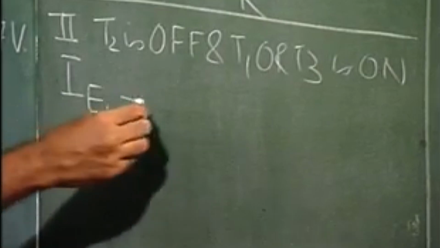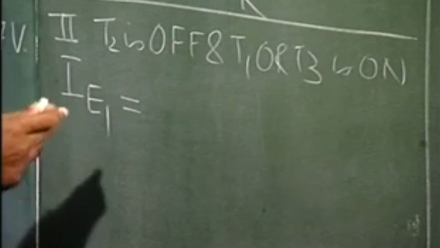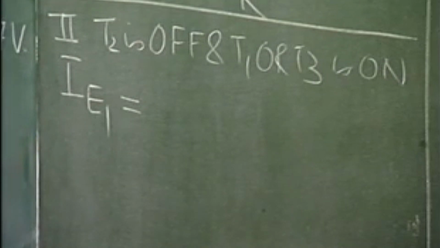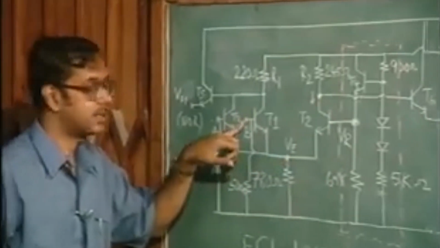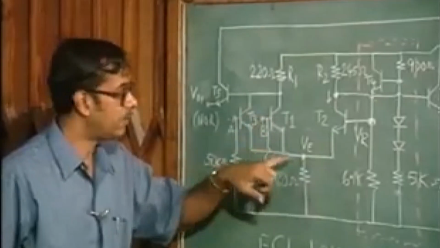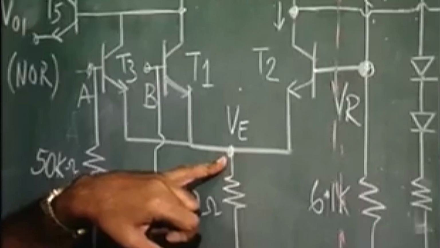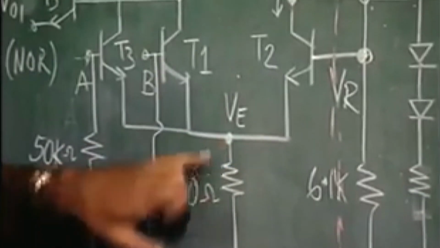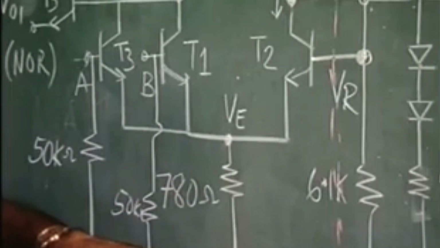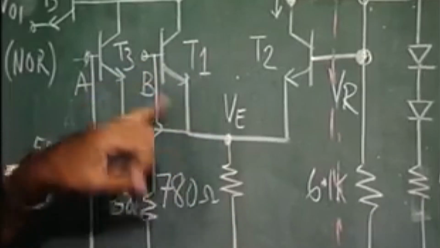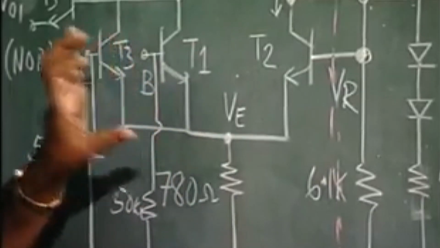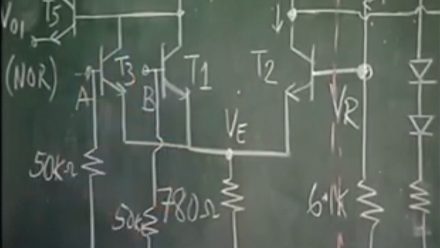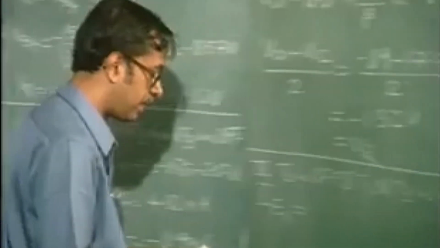What is the VE in this case? The emitter voltage, if the input is minus 0.9 volts, is going to be minus 0.9 minus 0.75, and the supply is minus 5.2. So, the current flowing is going to be 5.2 minus the sum of 0.9 and 0.75, divided by the resistance.